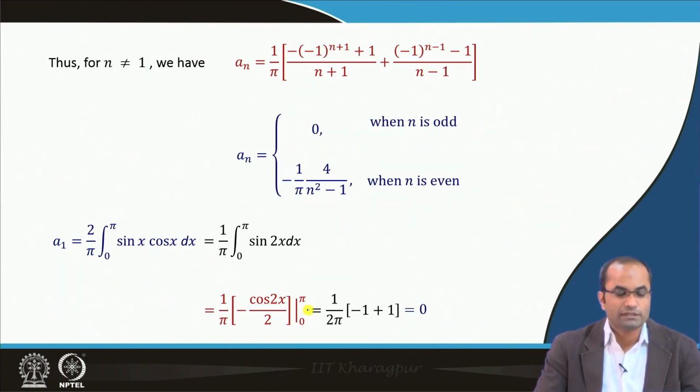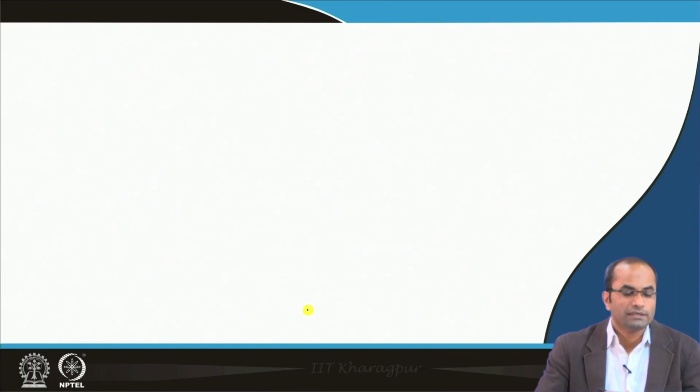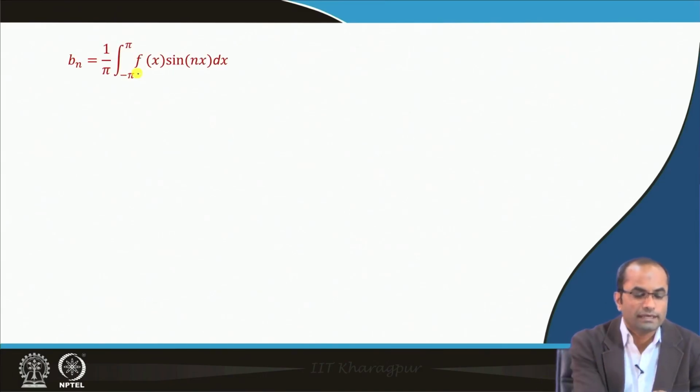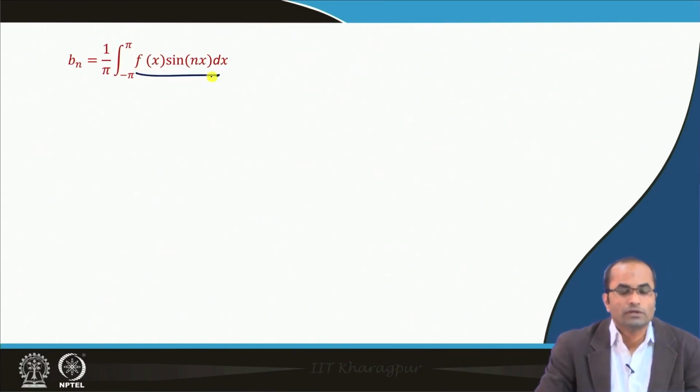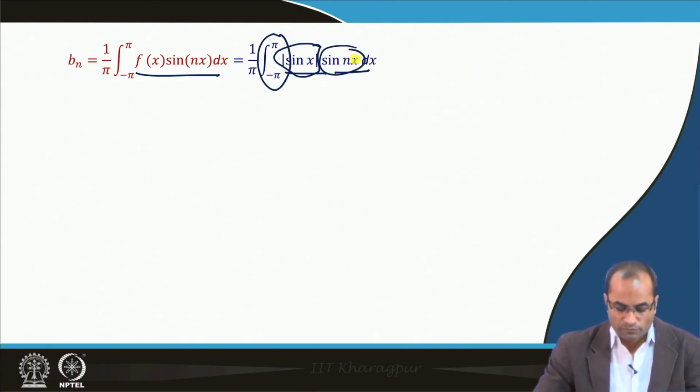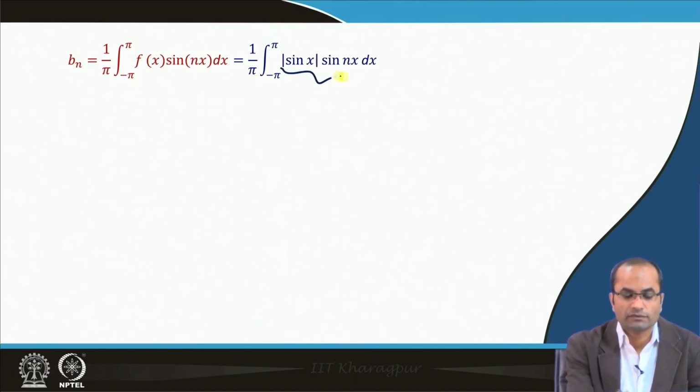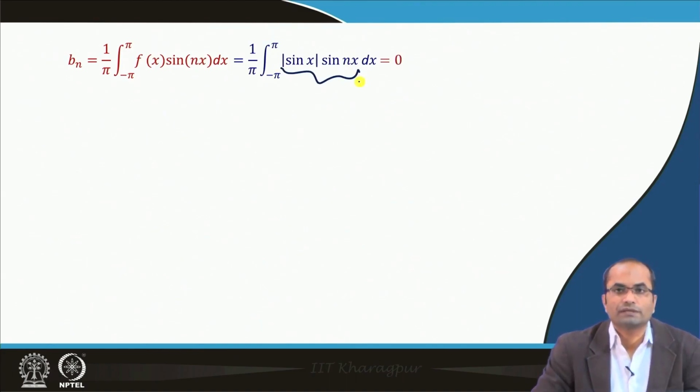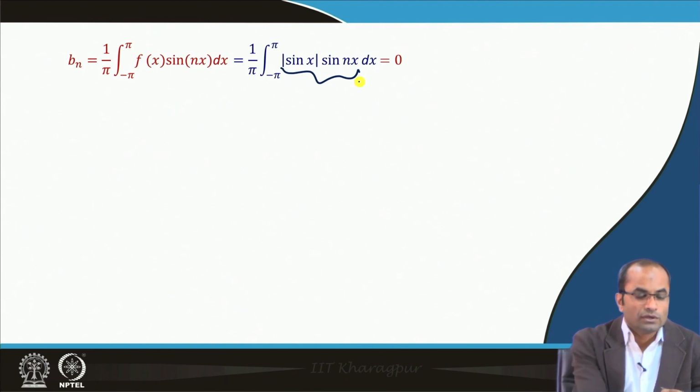So, this a_1 is 0, a_n we have computed, and for b_n, if we write down these Fourier coefficients b_n, we have this sin x sin nx, and since this is the even one and then we have odd here, integrating from minus π to π with this odd function as an integrand, this will become 0 straightforward without calculation.